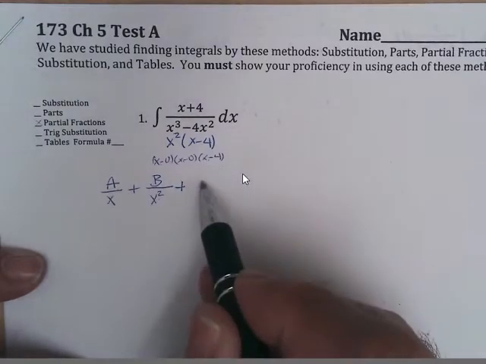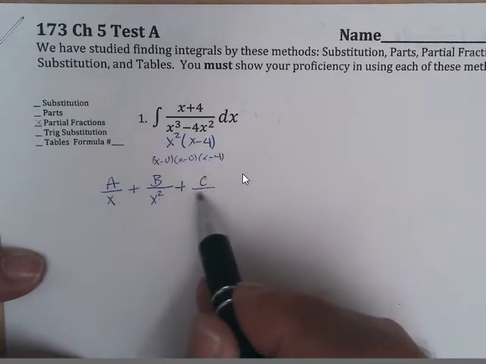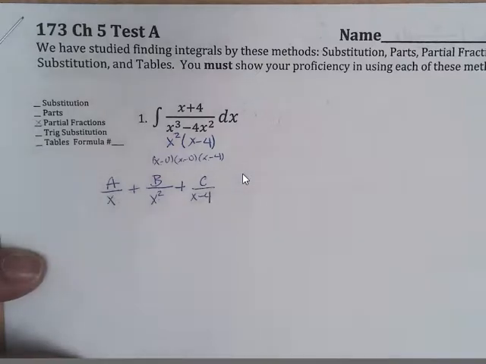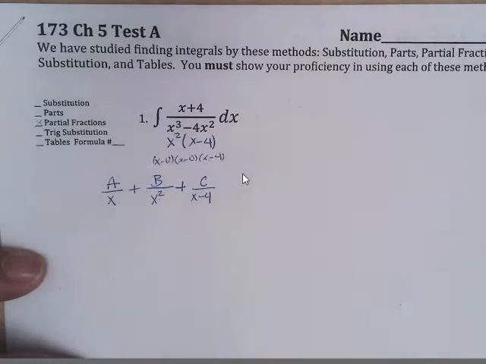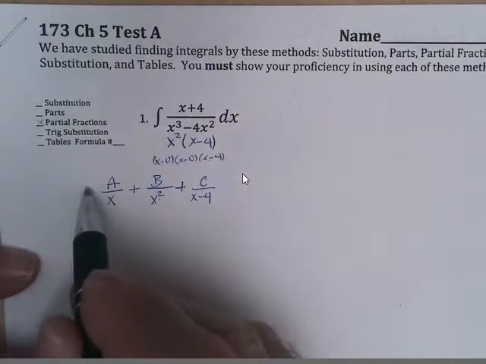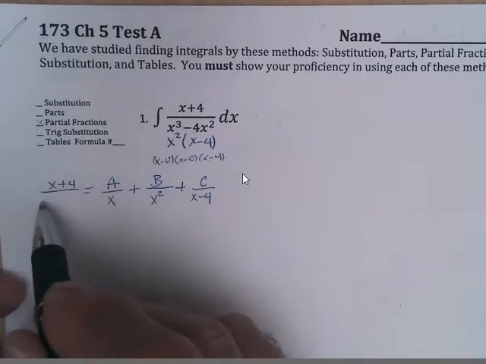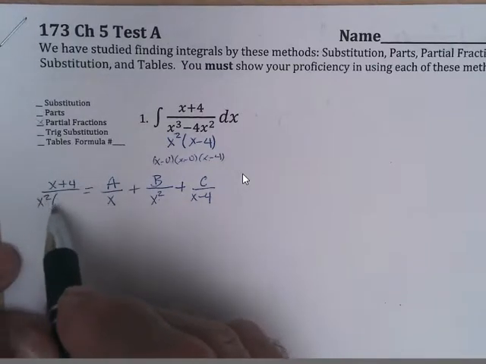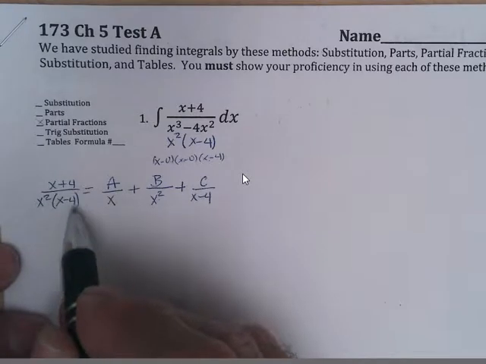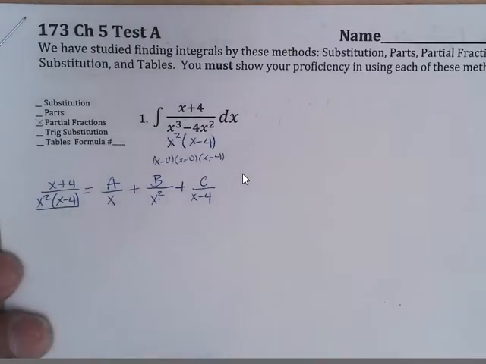And this one is c over x minus 4. Okay, and that's supposed to equal the x plus 4 over x squared times x minus 4. That is the common denominator.